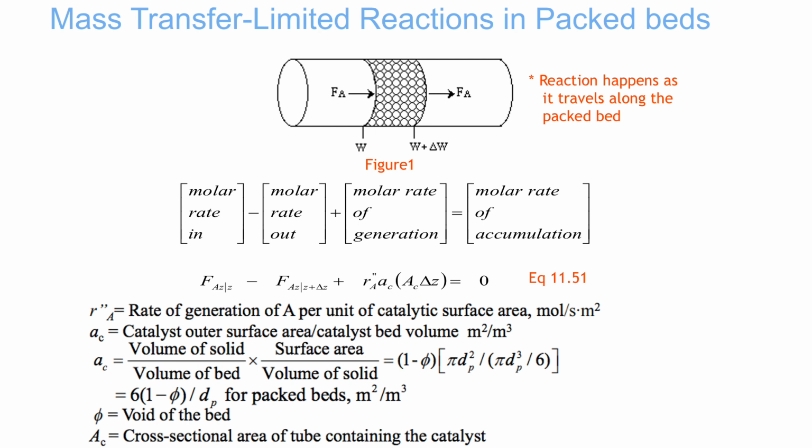All right. So this mole balance you have learned during your reaction 1, if you still remember. Okay, the concept is the same: molar rate in minus molar rate out plus generation equals accumulation.